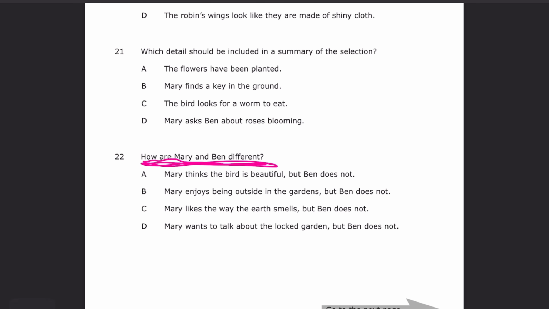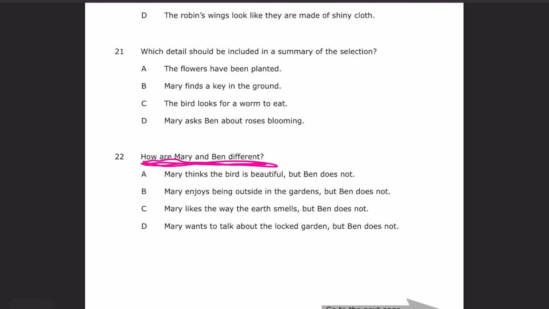So instead of reading the whole fiction text and having to go back and figure these things out after I've read the whole thing, I'm going to spend some time taking notes on character, on setting, on plot, on theme. And when I get to these questions, I already have a deep understanding of what I need to accomplish.